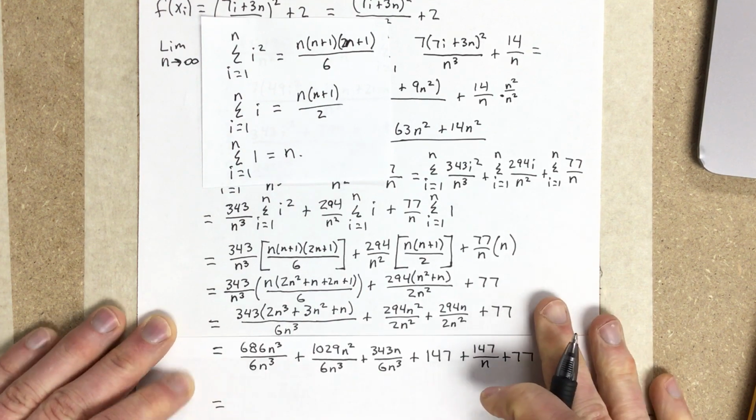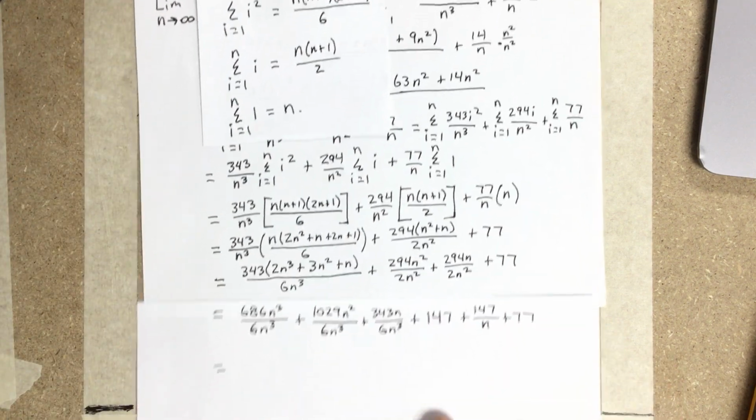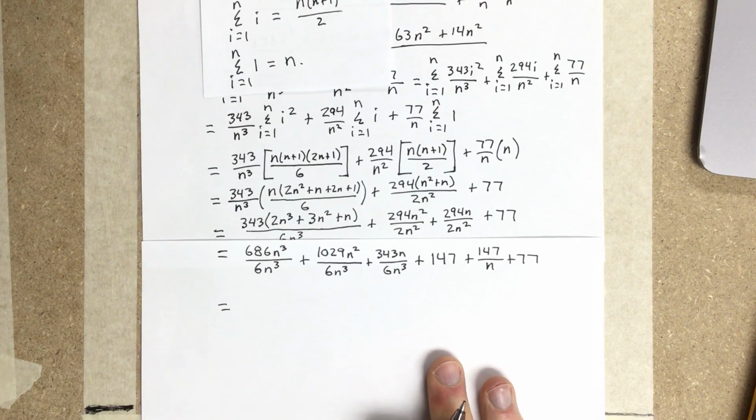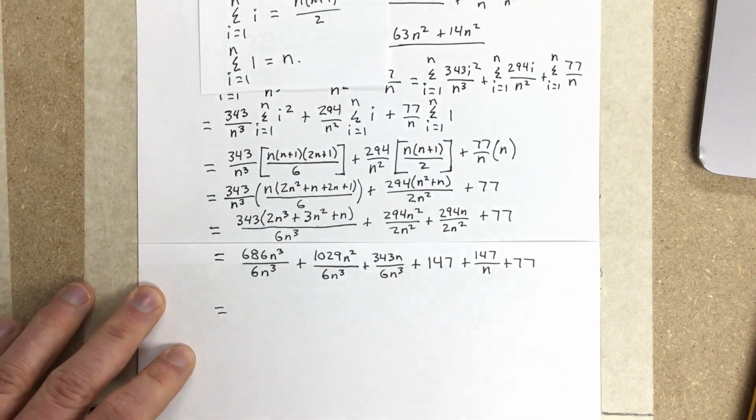Okay, let's simplify some more. We get 686 divided by 6. 686 divided by 3. 686 divided by 2.